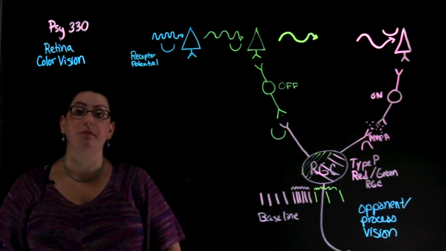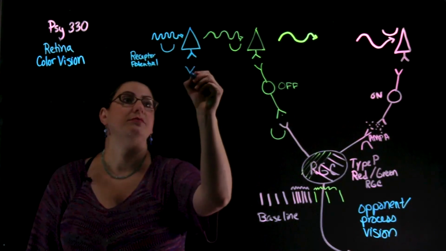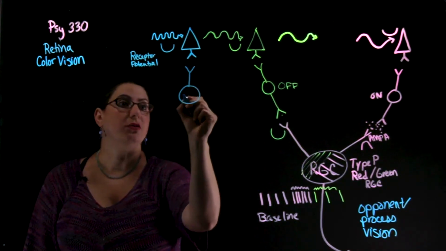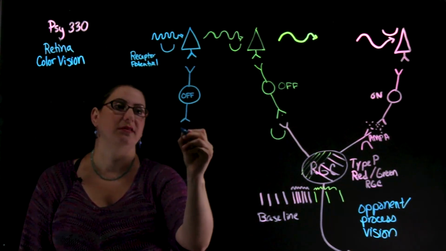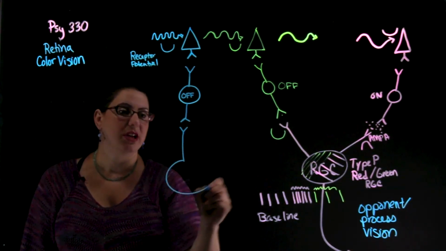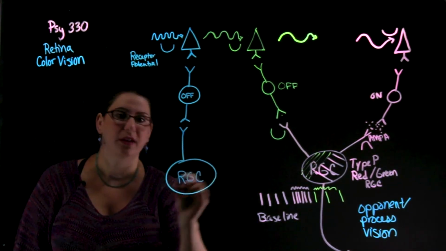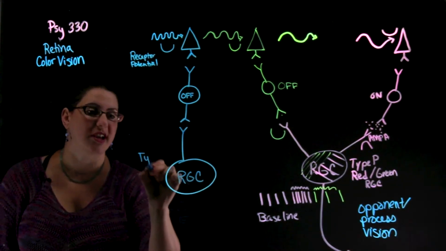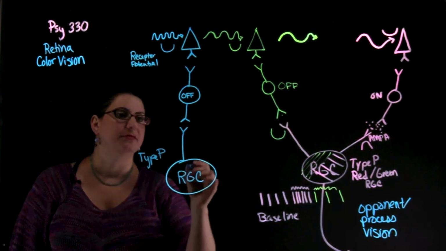If we look at the blue cone, when blue light is present, the blue cone synapses with an off bipolar cell onto its downstream retinal ganglion cell. This is also, of course, type P, parvocellular retinal ganglion cell.